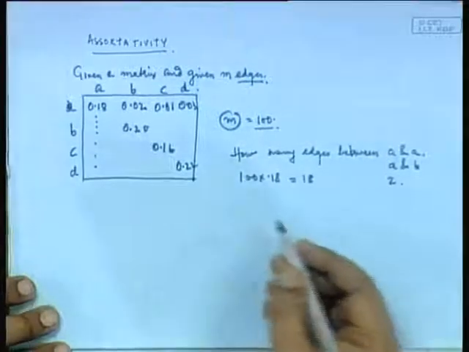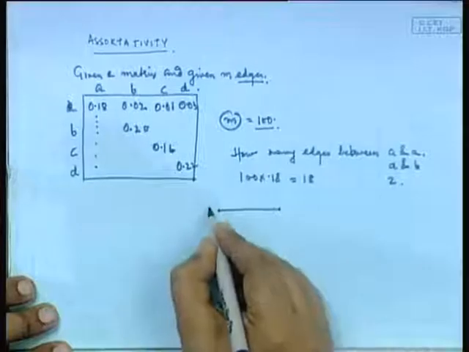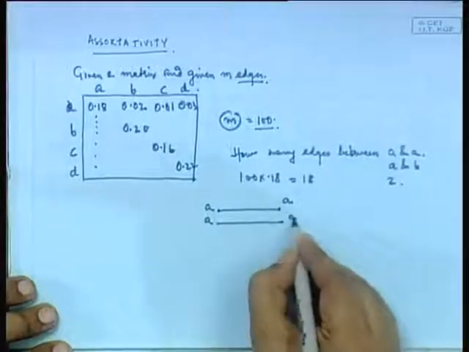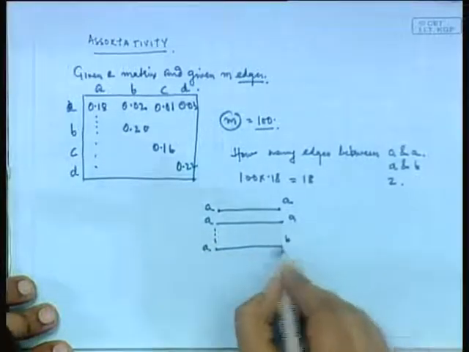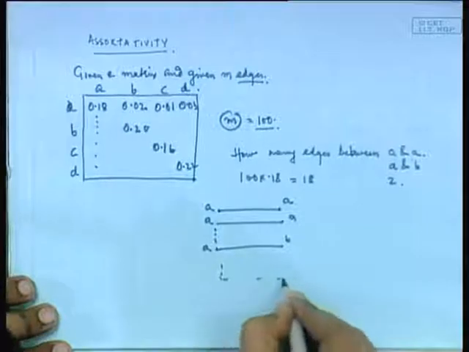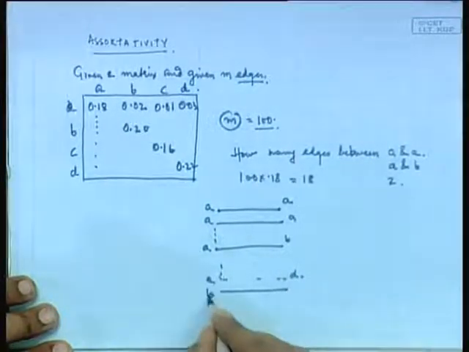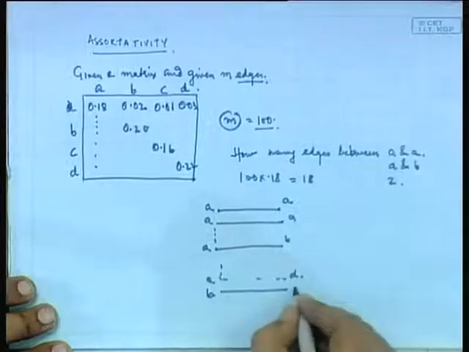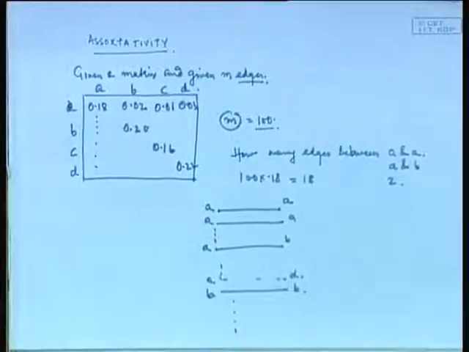So, now simply what we do, we begin to draw the edges. So, A, then A, B, this way goes, A, D, then I go this way, okay, B, B, okay. This way I can draw all the M edges.